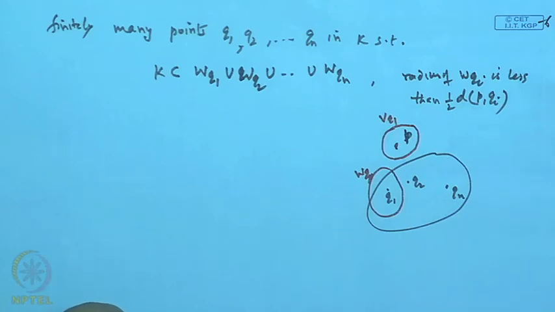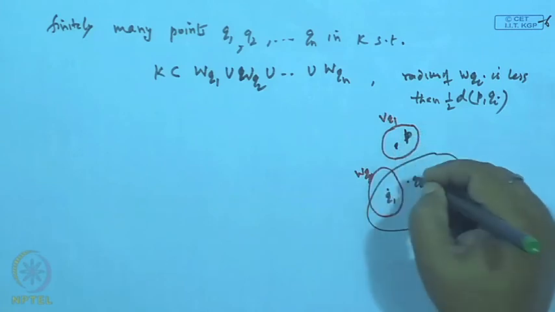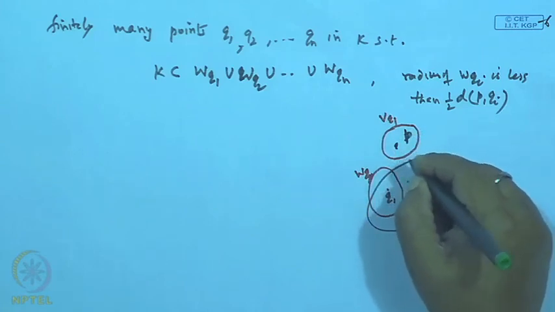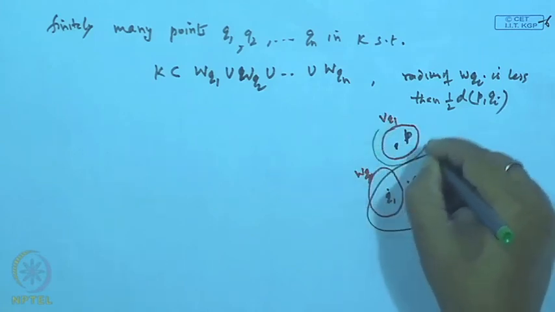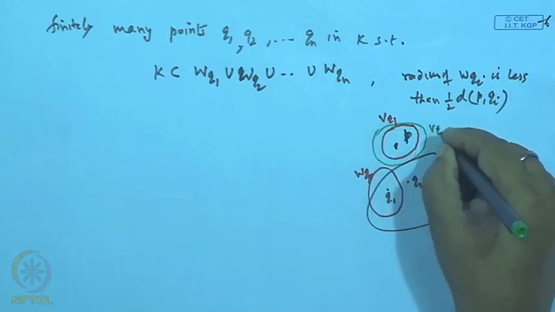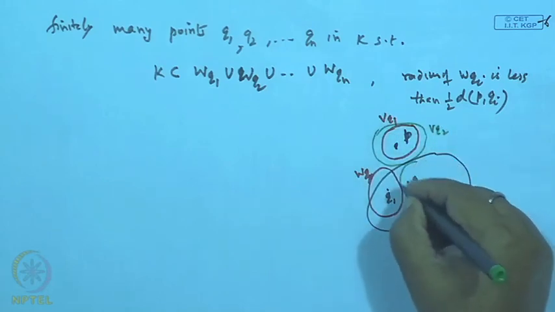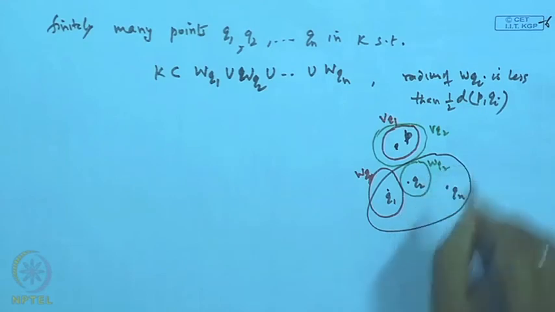Then we take q 2, again with V q 2 and W q 2.